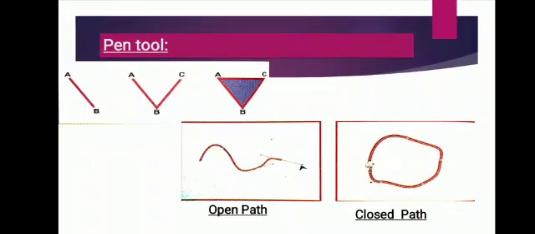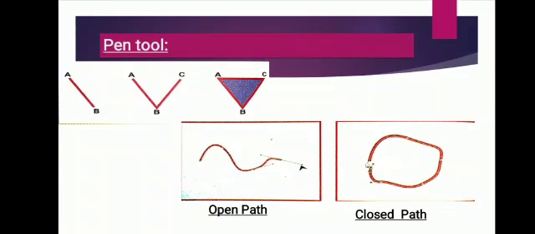Now next is about pen tool. For selecting pen tool, shortcut key is P. It looks like ordinary pen but works quite differently. It is used to draw a precise path in the form of a straight line or flowing curves. Only you have to adjust the angle and length of the straight segments.